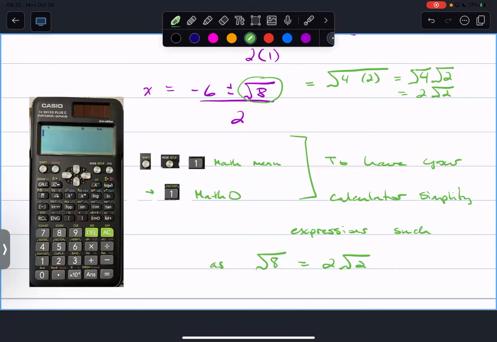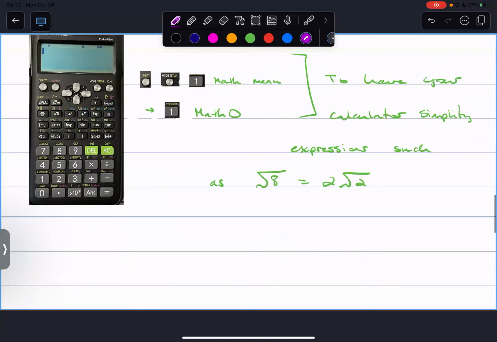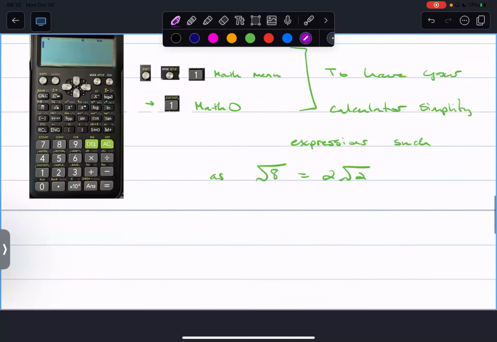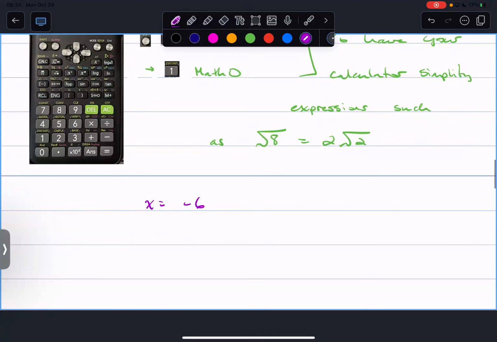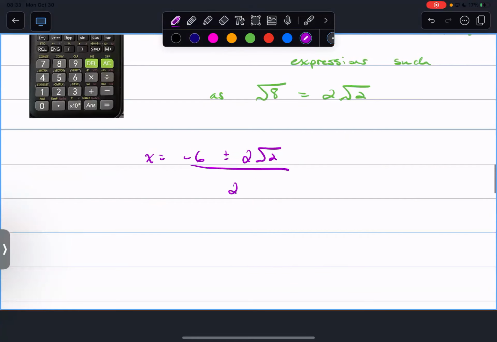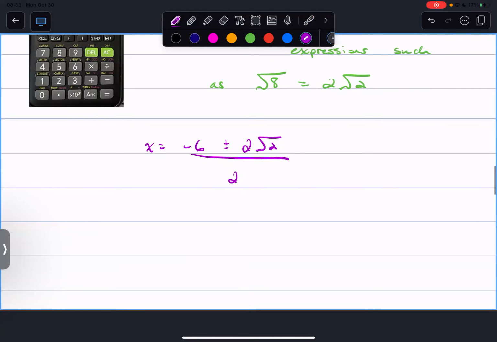So then, how can I continue this? X is -6 plus minus 2 root 2 divided by 2. Of course, I can rewrite -6 as 2 times -3, and I can cancel the 2's all around.